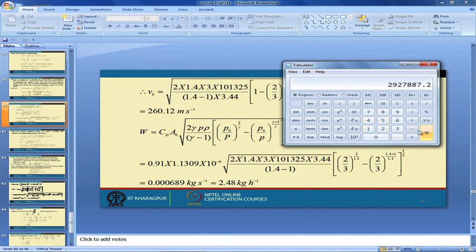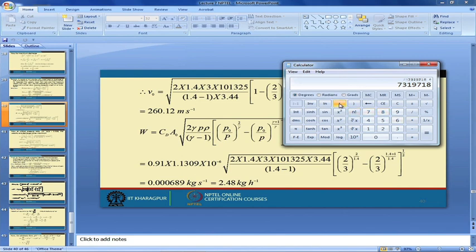This is so much divided by 1.4 minus 1, that is 0.4, right? So, that is 0.4 and this is equal to this, right, times, right.